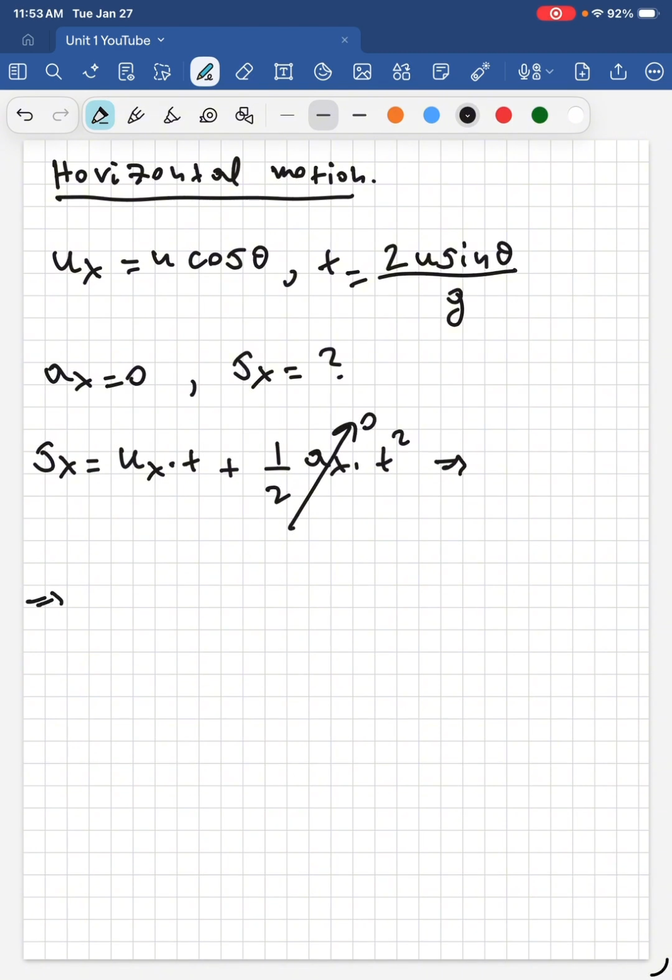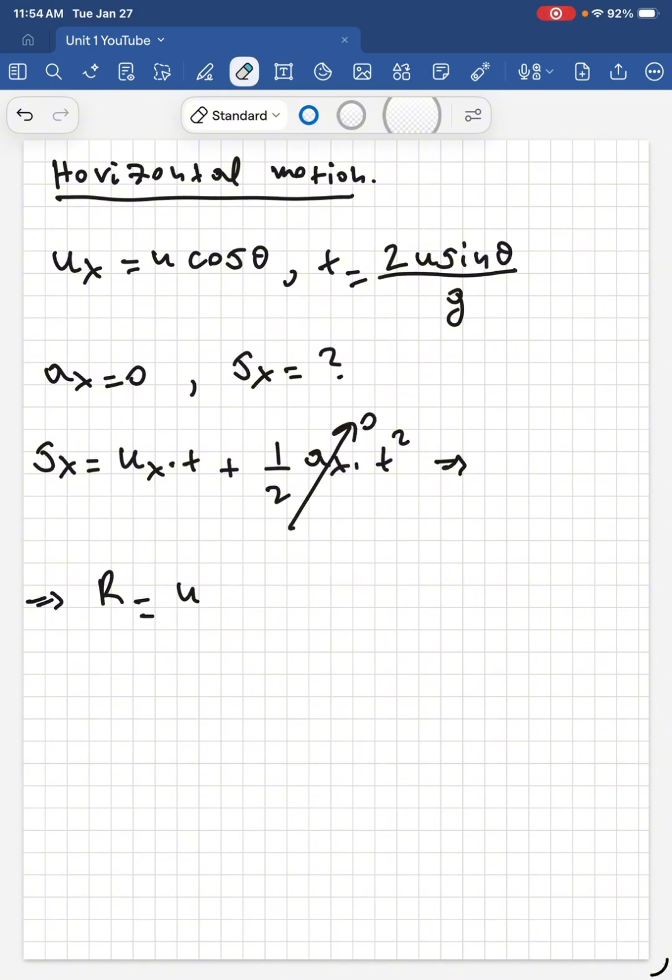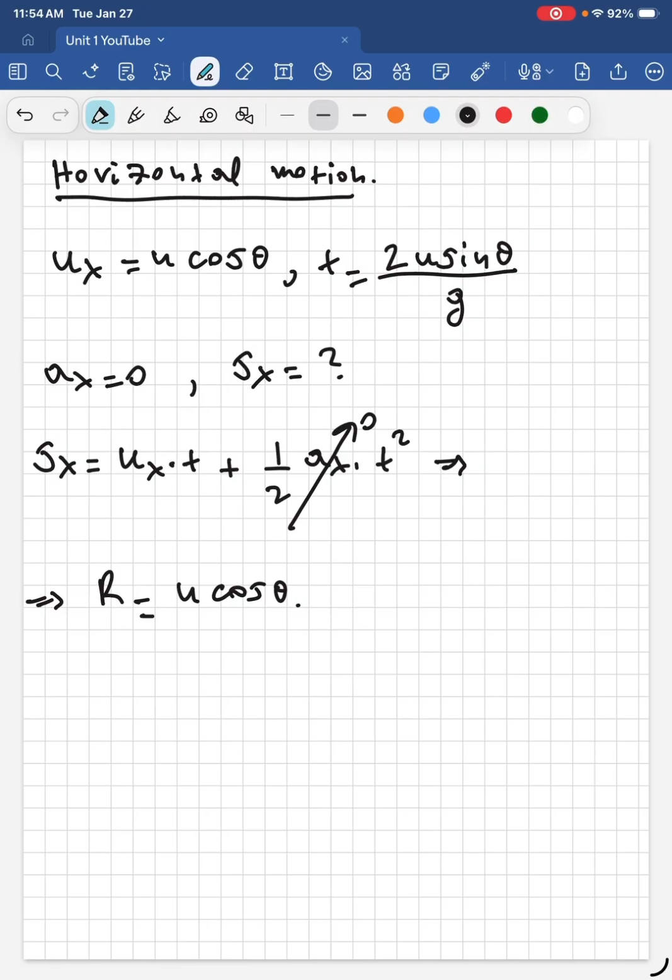Now sx is the range, so let's call it r, and this is equal to ux, which is u cosine theta times t, and t is 2 u sine theta over g.